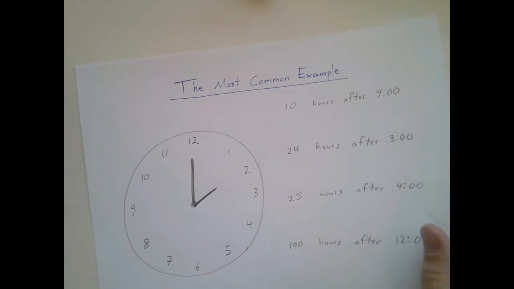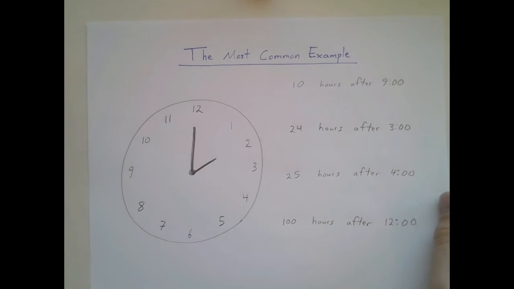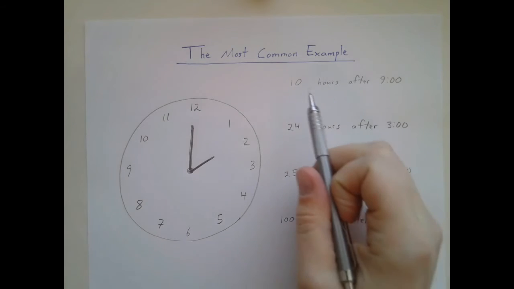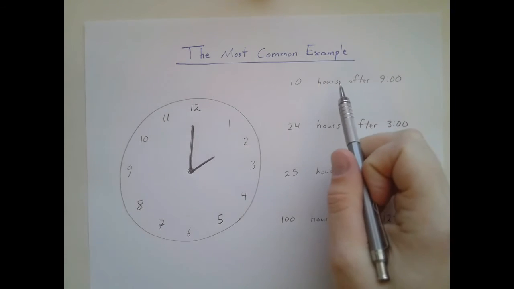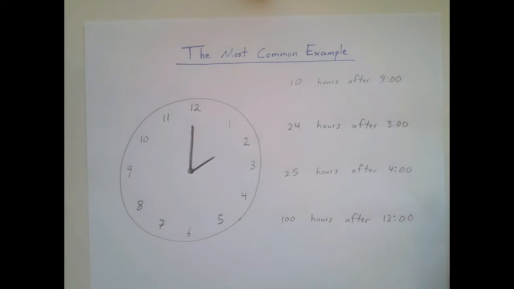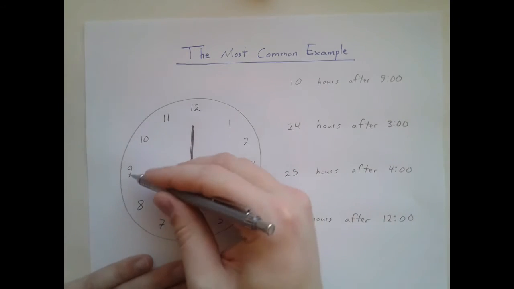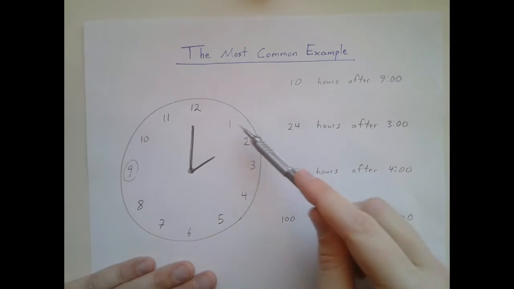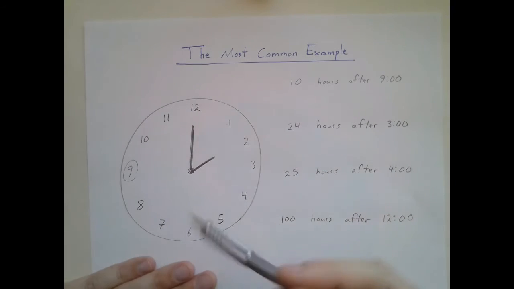Okay, the most common example that you see if you look this up online for modular arithmetic is a clock. And it's a really good example to help you get the idea. So, for instance, what is the time 10 hours after 9 o'clock? You're going to start at 9 o'clock, and you're going to go 1, 2, 3, 4, 5, 6, 7, 8, 9, 10.